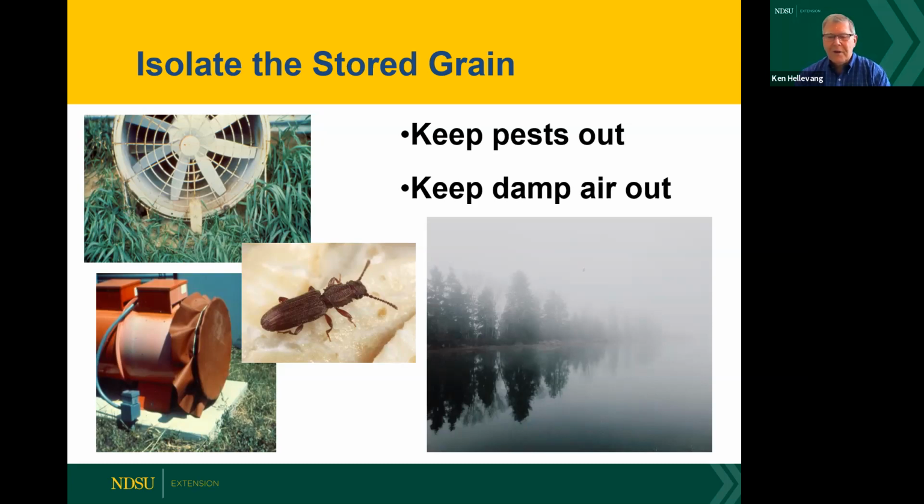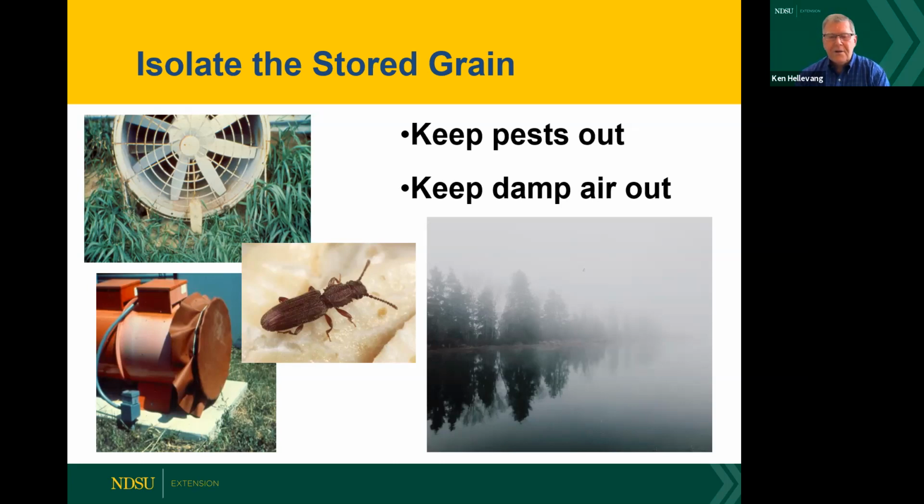Also, I have a picture of a grain beetle. Again, we need to be monitoring and doing what we can to assure that those beetles or other insects do not have a path into our storage environment. And then, of course, the humidity. We don't want that outside humid air to get into the grain and increase the moisture content of that stored grain.